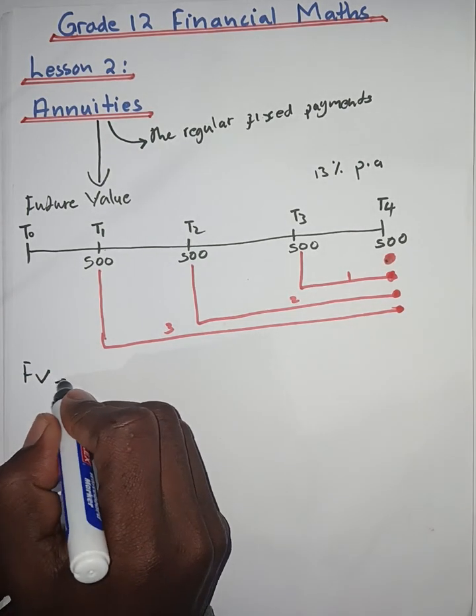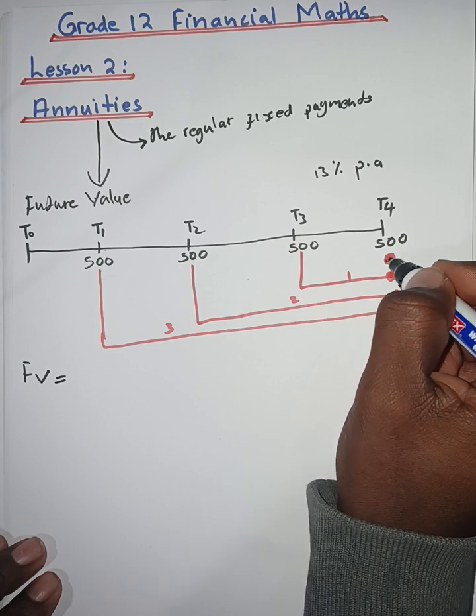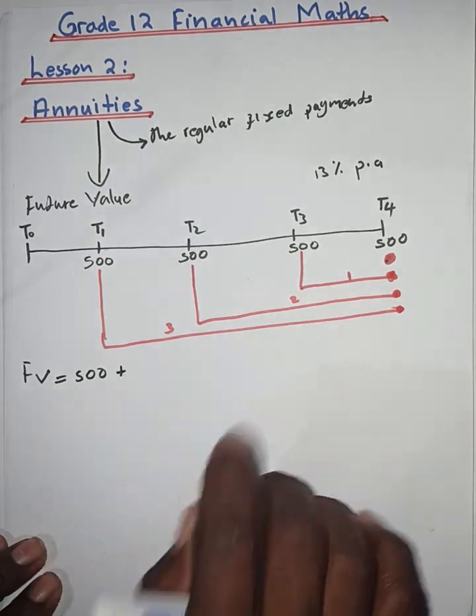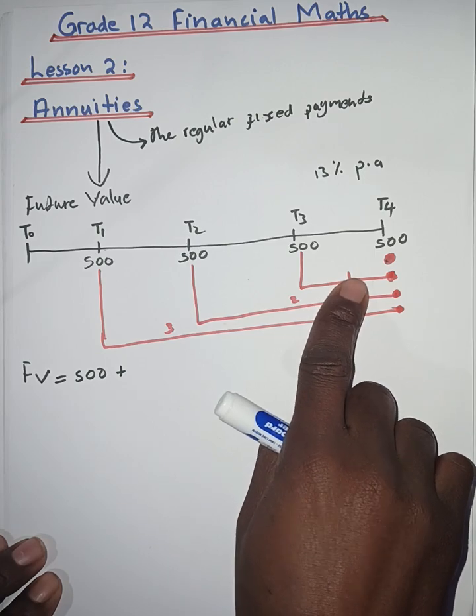In this case, the first one would earn no interest, so it would be just that 500, plus the one that was in the account for 1 year.